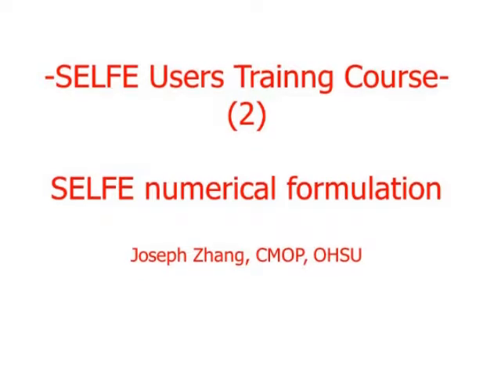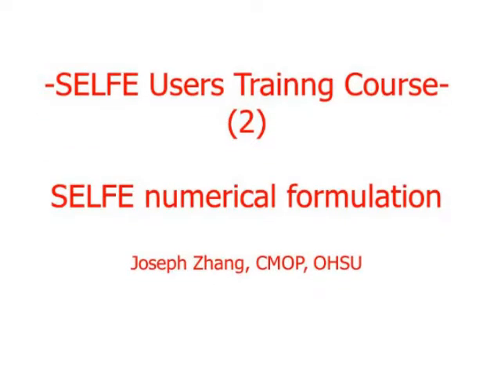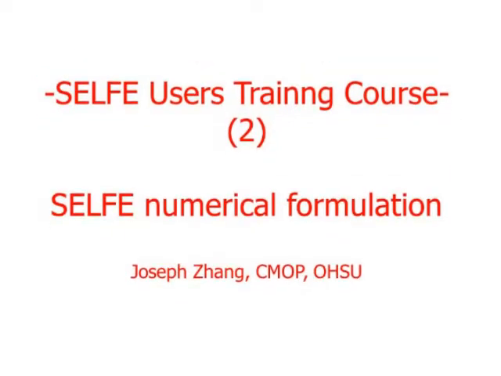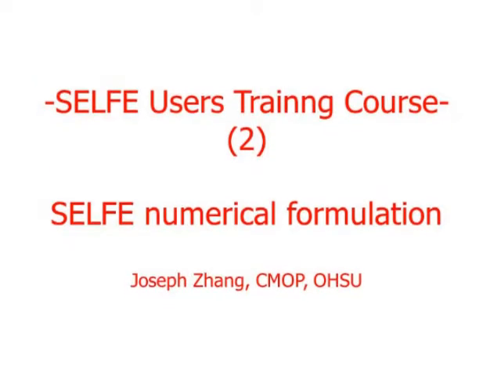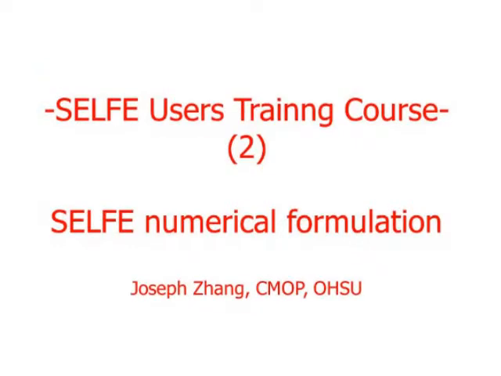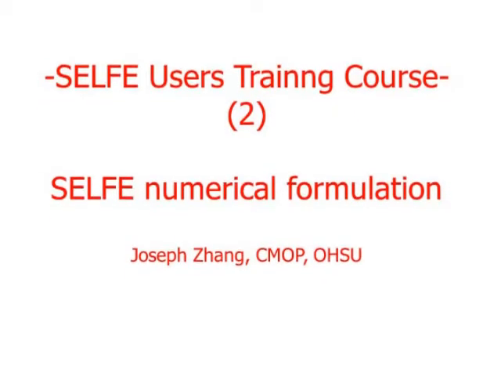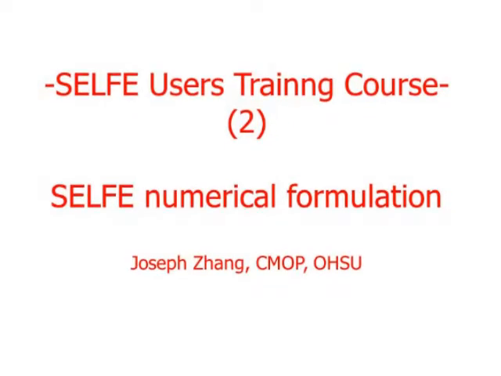For the first equation, theta is the so-called implicitness parameter. If theta equals 0, you get a fully explicit scheme. If theta equals 1, you get a fully implicit scheme. And theta equals 0.5 is the Crank-Nicolson scheme, which usually gives you the best accuracy.